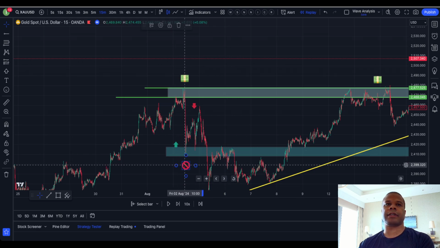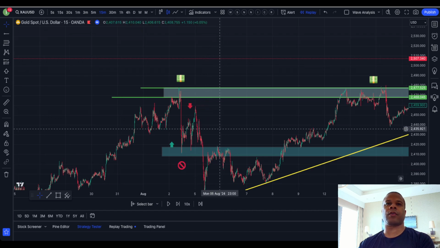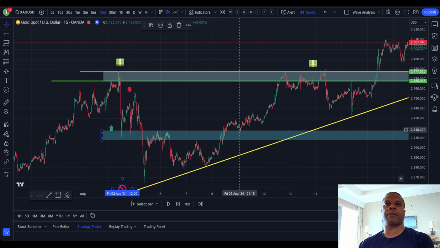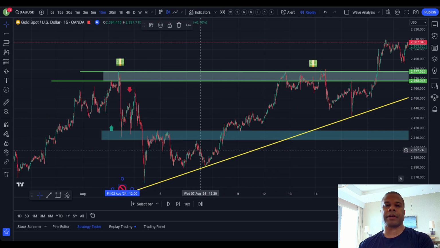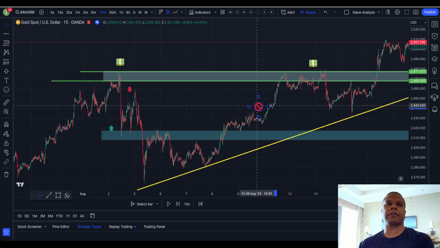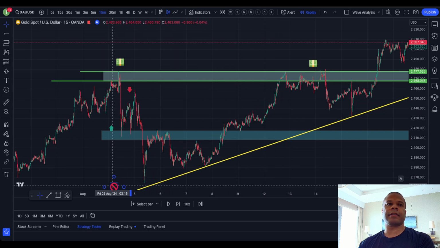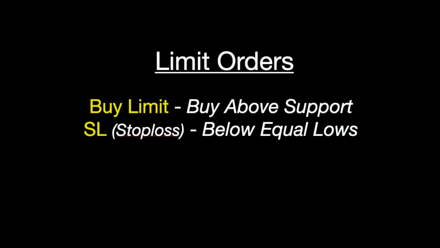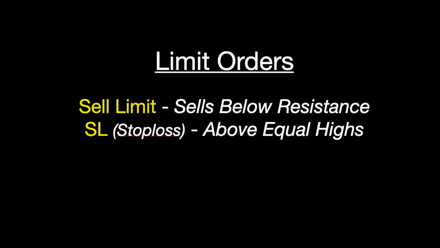We're gonna have stop losses here, and the market pushed up for a little bit, and then it came down and took them out. So those limit orders, unless they had a huge stop loss and then the market retraced, they would have made money. Otherwise, the market came down, they had a tight stop loss, and it took them out of the trade. So we see where limit orders, those buy limits, could work for you or against you.